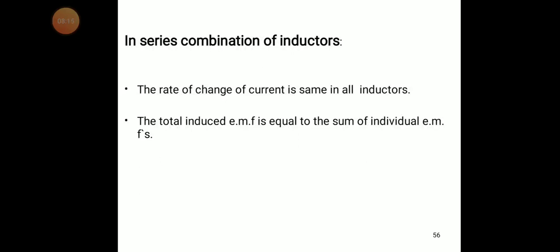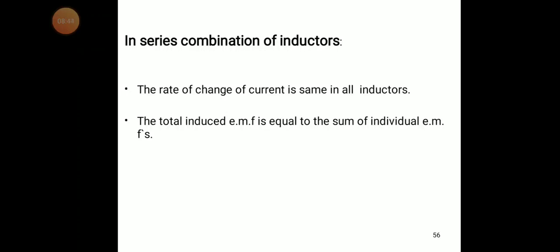Whatever component is connected in series, the current is common: the same current passes through each and every element connected in series. The second point is that the voltage is divided, that is, each component has its own voltage drop.